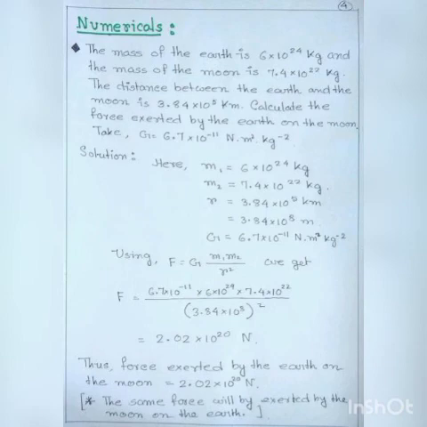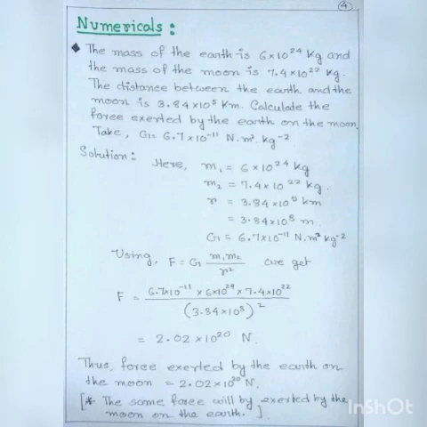This kilometer we have to convert to meter. Therefore, we multiply by 10 to the power 3 and get the distance between them as 3.84 into 10 to the power 8 meter. And G is 6.7 into 10 to the power minus 11 Newton meter square per kg square.